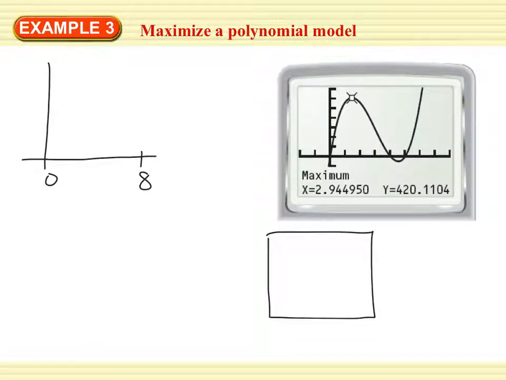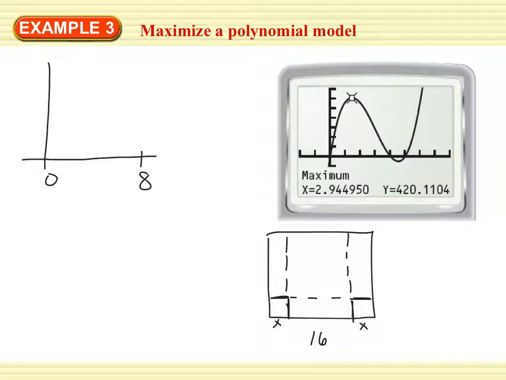The x value is our flap. So if this length was 16, this x value and this x value, because there are two of them, has to be smaller than 8, or we wouldn't have a box, right? So that's your physical restriction on the flap size.